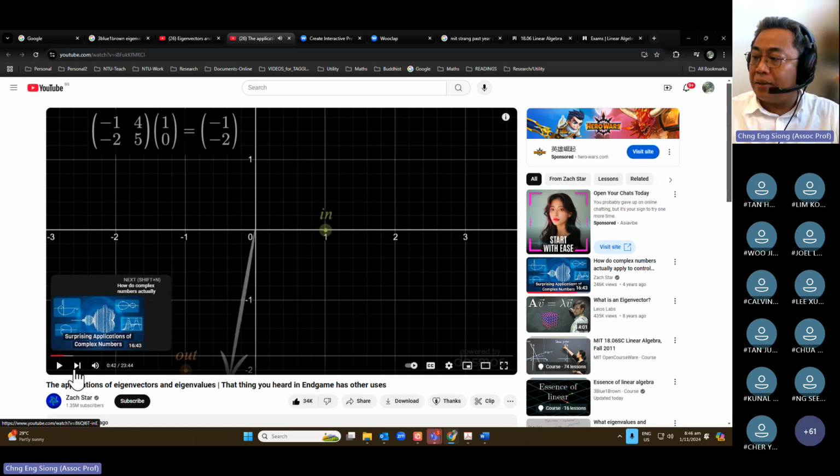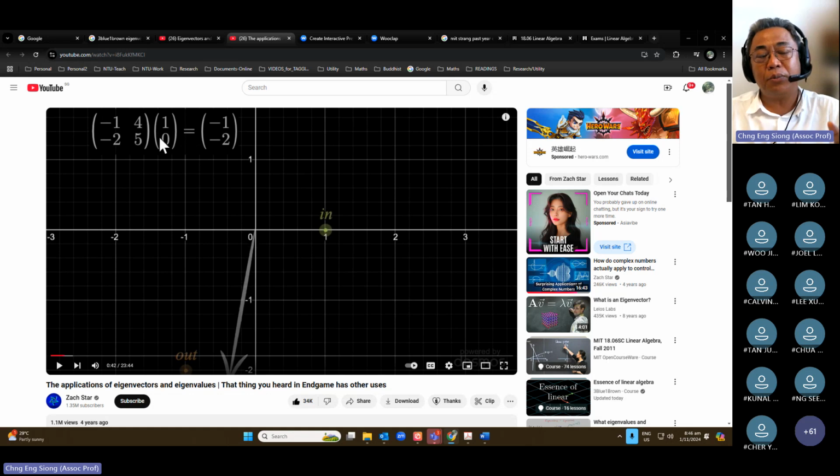This is the cool part. So he's teaching you that matrix vector multiplication is a transformation. It's transformed by scaling and rotation. And interestingly, he put the center there, and that center never moves. So it is really a scaling and a rotation, and this is why it's called linear transformation.